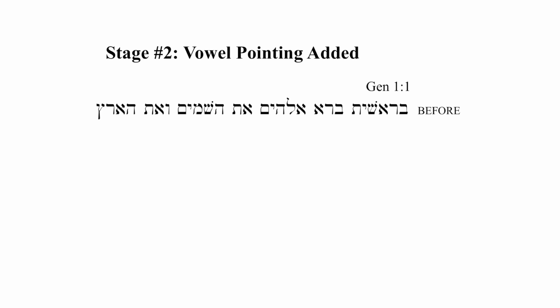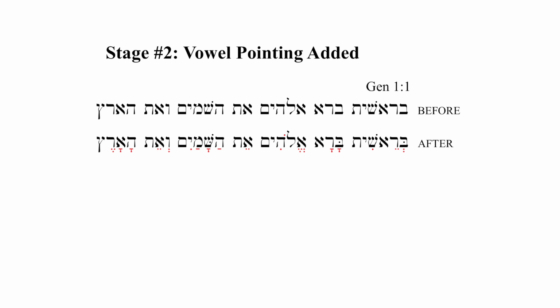As you can see from this example from Genesis chapter 1 again, there's a difference between the text when it has no vowels at all and the text when it's presented with vowel notations to guide you in your pronunciation. Every letter that functions as a consonant has to have vowel dots.